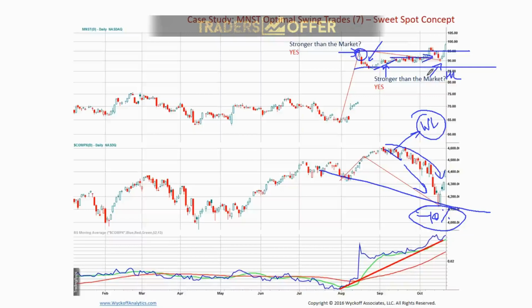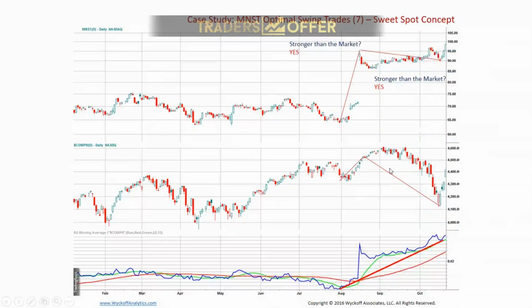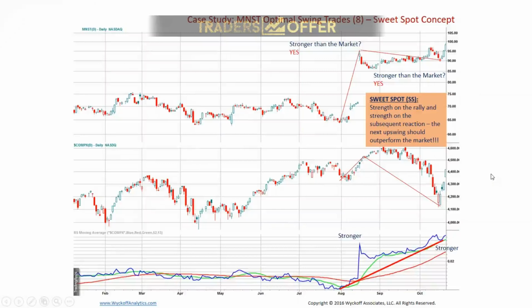That suggests that the institutions are not selling the stock with the market. This is a stock where supply is still firmly being held in the hands of institutions. So therefore, it's a really good candidate for a swing trade, and we call this a sweet spot.